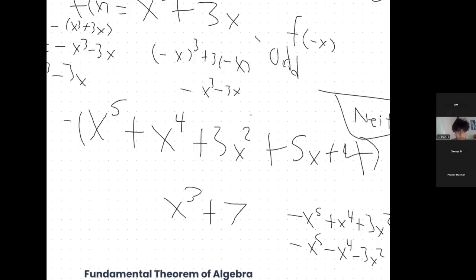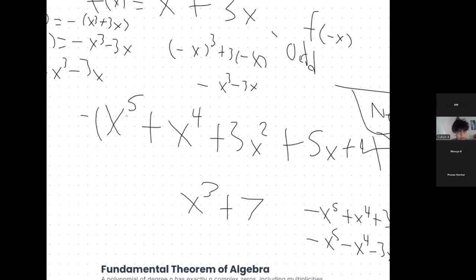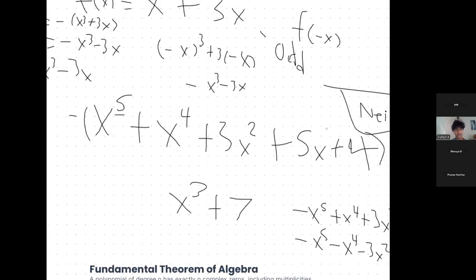For example, here the degree is 5 and the degree is 1, so there are two odds in here, but then there's an even. Since there are both odds and evens, it can't be an odd function or an even function. That's one pattern: anytime you see a function where there are both odds and evens, it's always going to be neither.